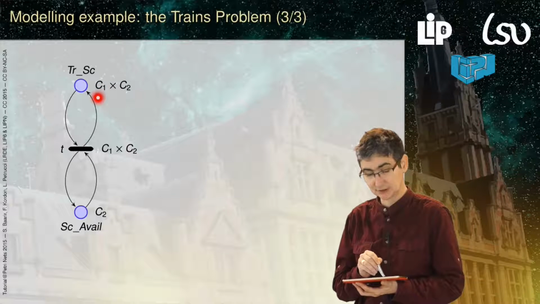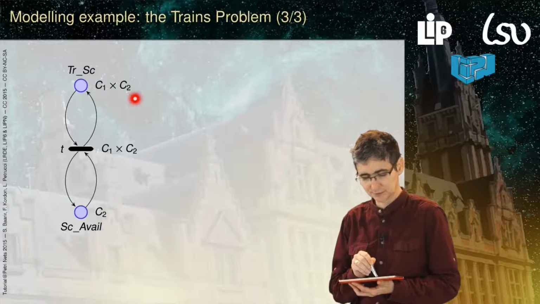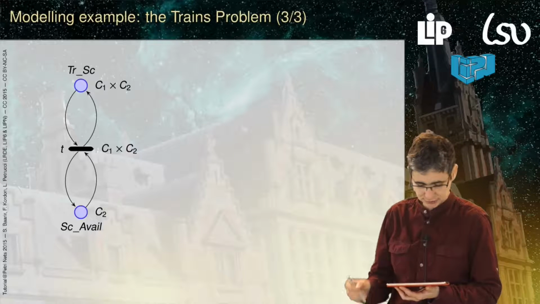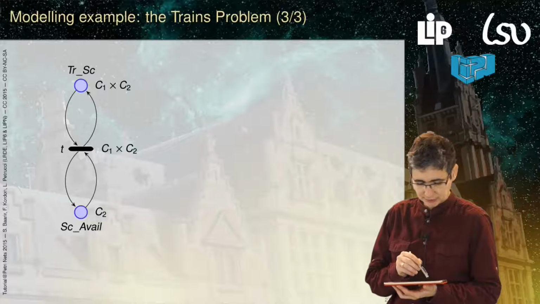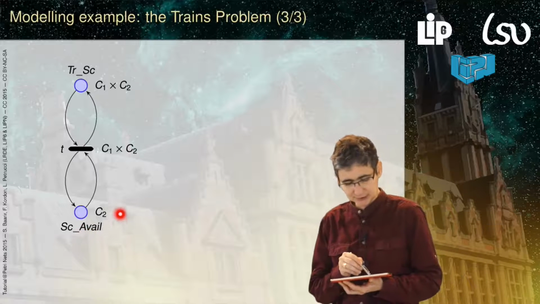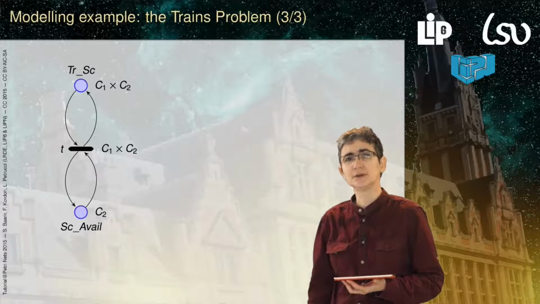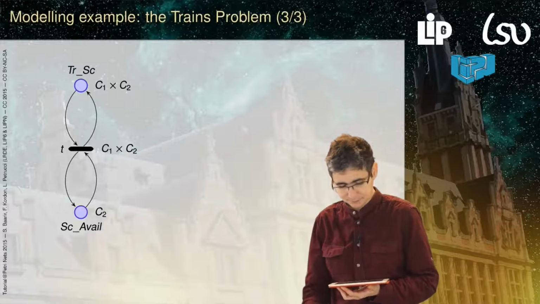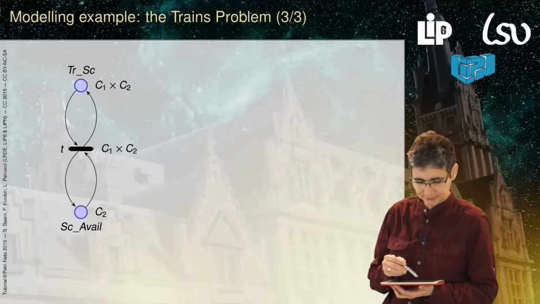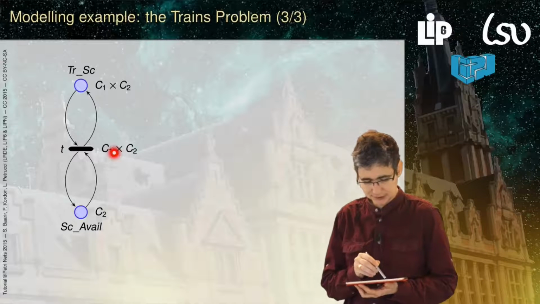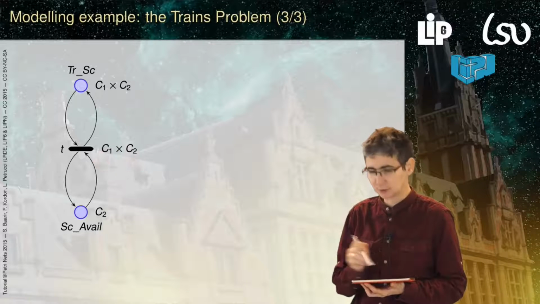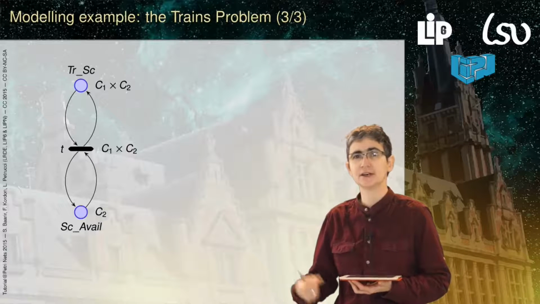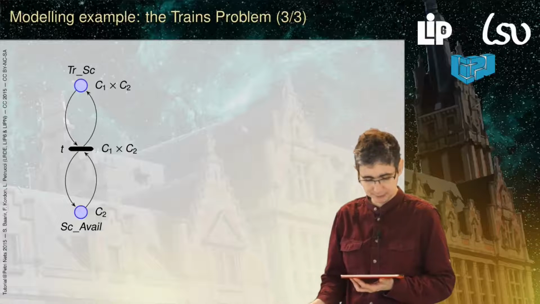So C1 is the set of trains, C2 the set of sections. So a pair, train and section. As concerns the sections available here, the color set is C2 because it contains just section identifiers. Now the transition here in the middle, transition T, it has a color C1 cross C2 because it will take a train on a section and it will manipulate both of these elements.